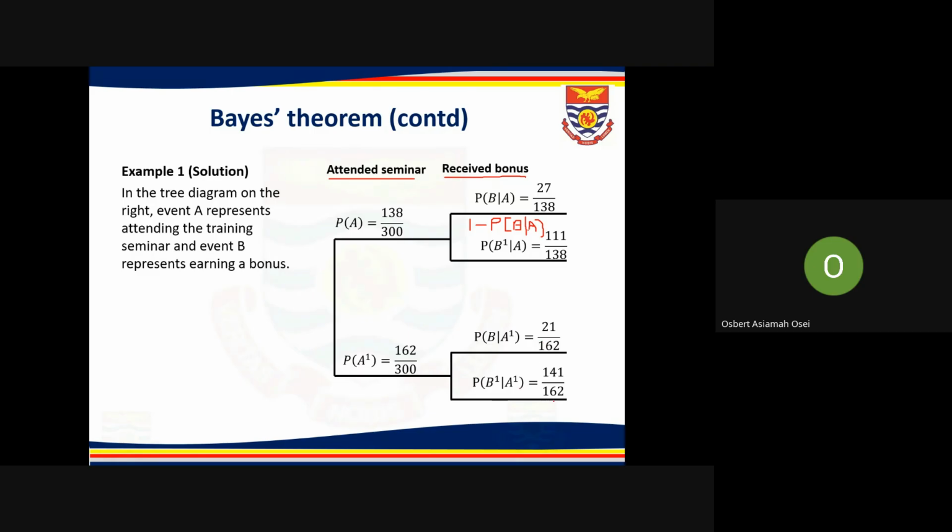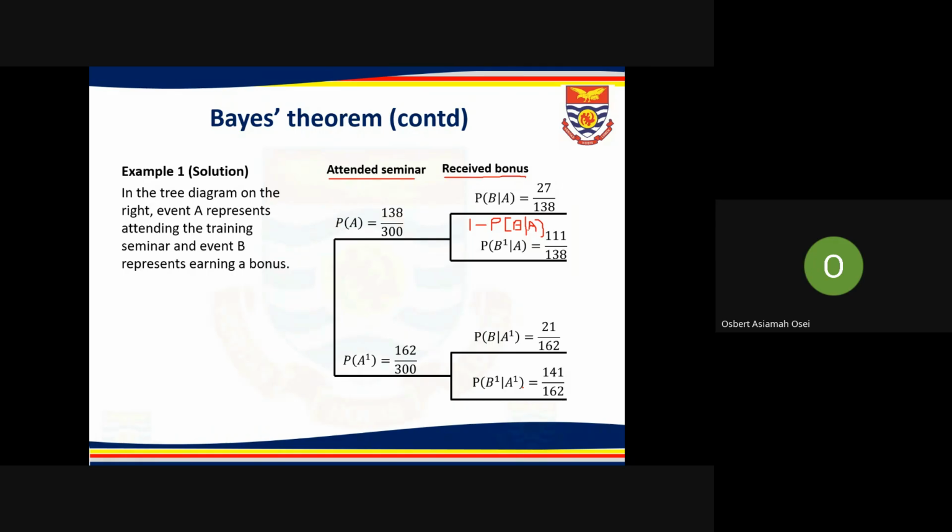Then we can find its complement by subtracting this from 1. If we subtract from 1, we get 141 on 162. So this is gotten from this by subtracting this from 1. That is where you get this probability.